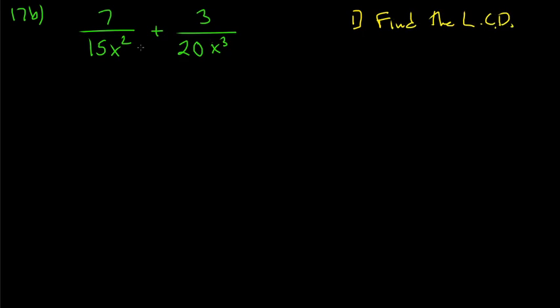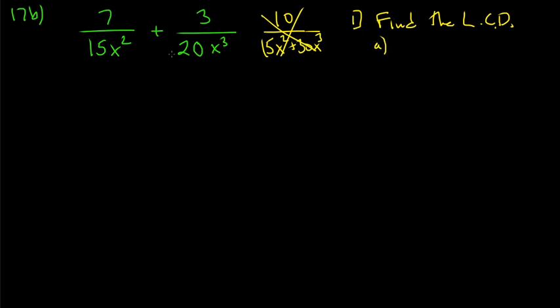You cannot add these fractions at all when the denominators are not equal. So again, a very common mistake is to add 7 plus 3 is 10, and then 15 plus 20 is 35, and then x squared plus x cubed is, well, x. So that doesn't work, of course. You don't add the denominators. You just don't do it. That would be completely wrong. So you have to find the LCD.